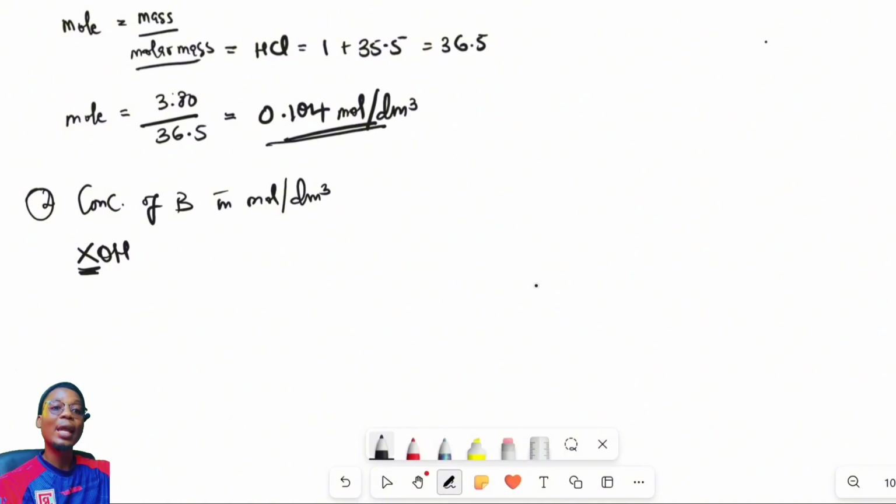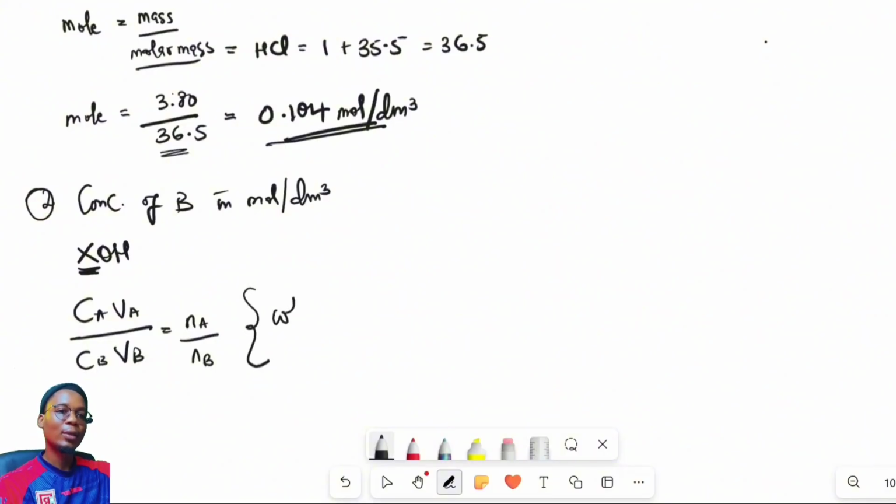So we don't know X. So there's no way we can find their molar mass like we did in A. So in this situation, we are going to use the formula CAVA all over CBVB equal to NA over NB.